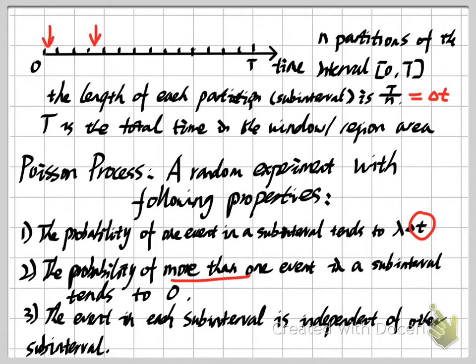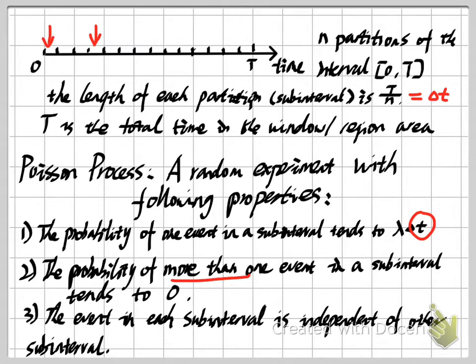If we set the length of the sub-interval longer, then of course there's a higher chance the officer will receive a call, right? And because this phone call comes from different customers, one customer calling in a specific sub-interval is independent of another customer calling the service center in another sub-interval. And also the probability of more than one event happening in one sub-interval tends to 0. This is also correct.